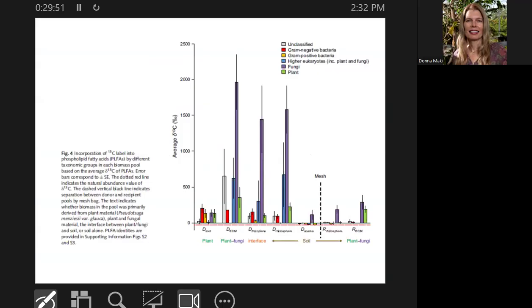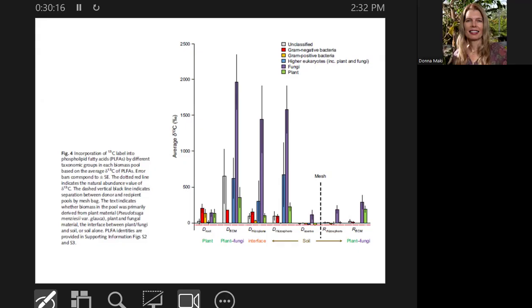And so this is some of the results from that paper, where the D stands for donor on this graph: donor root, donor mycorrhizal fungi, the rhizoplane, the rhizosphere, and then just the remaining soil in the pot, and then the mesh in the pot that separated donor from recipient.